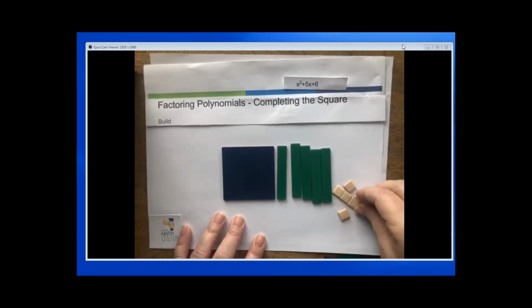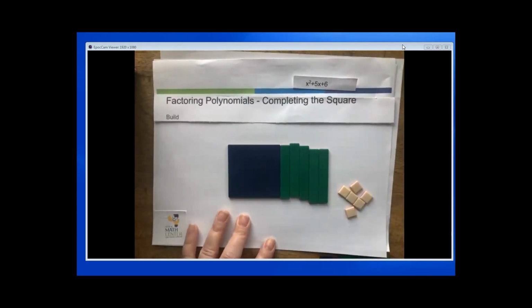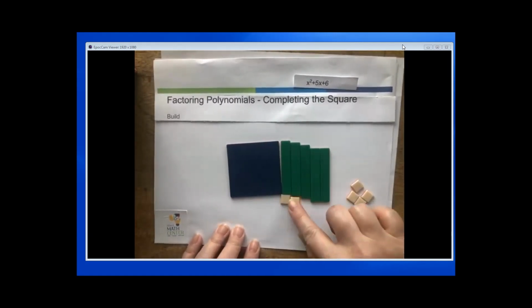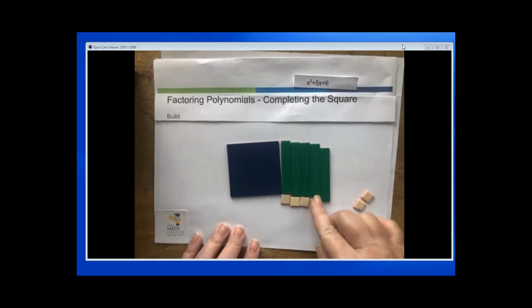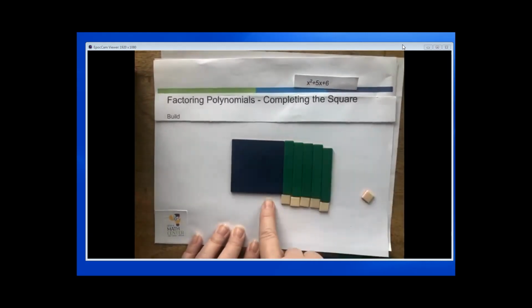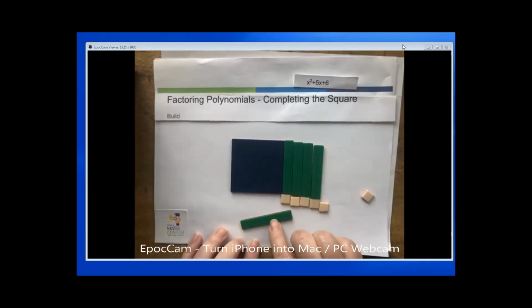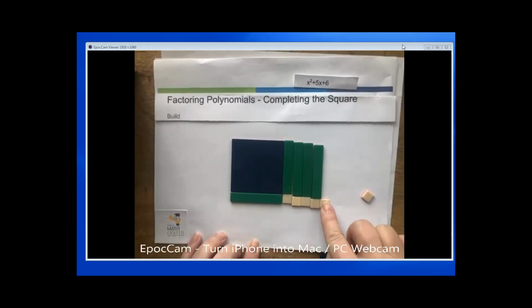And my goal is to create a square with what I have here. If I line these up down here, it doesn't quite work. I'm missing something right there. If I were to move one of these over here, it kind of works, but I'm missing something here.